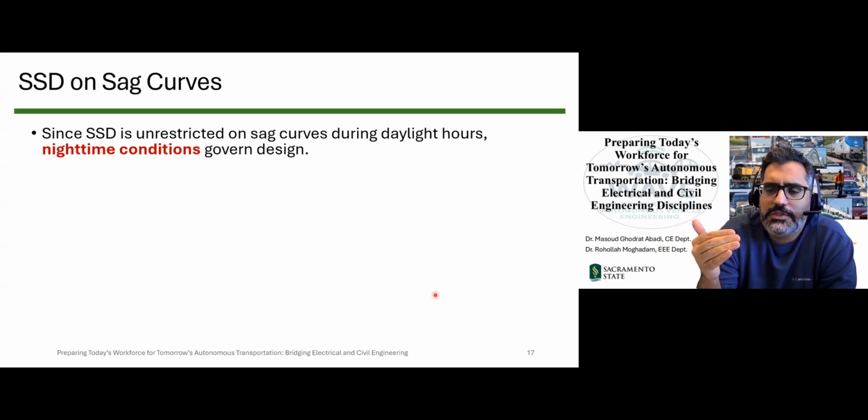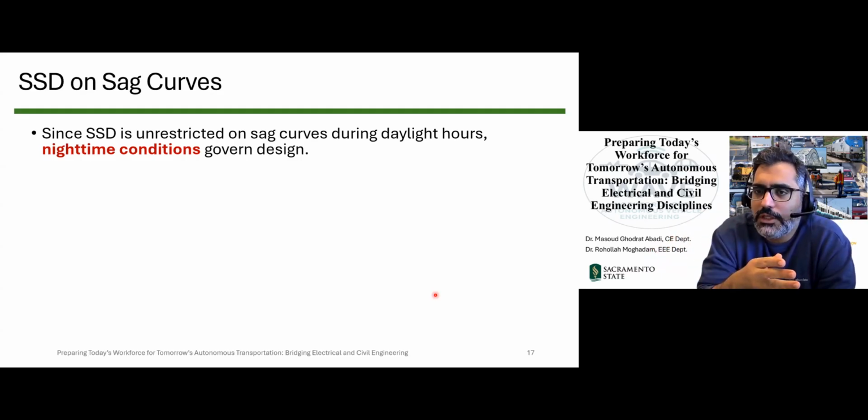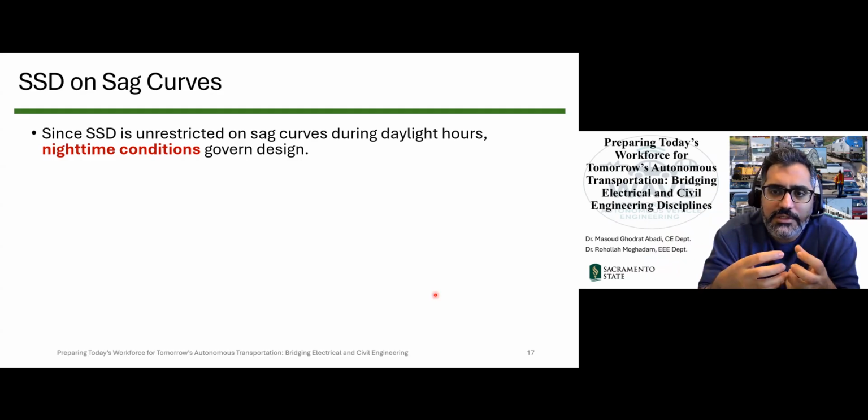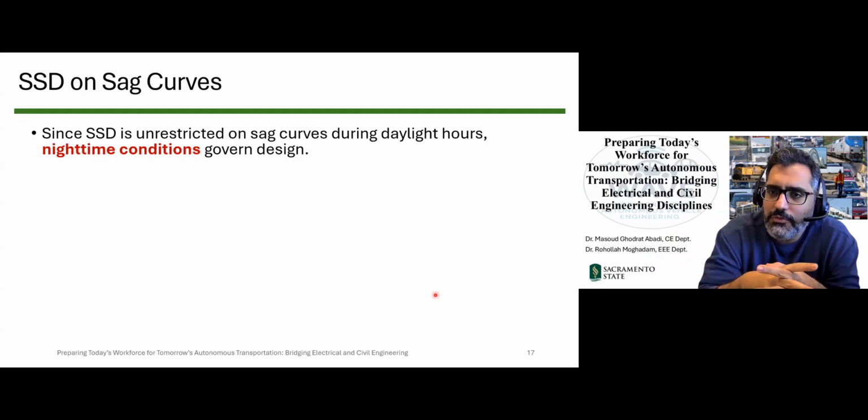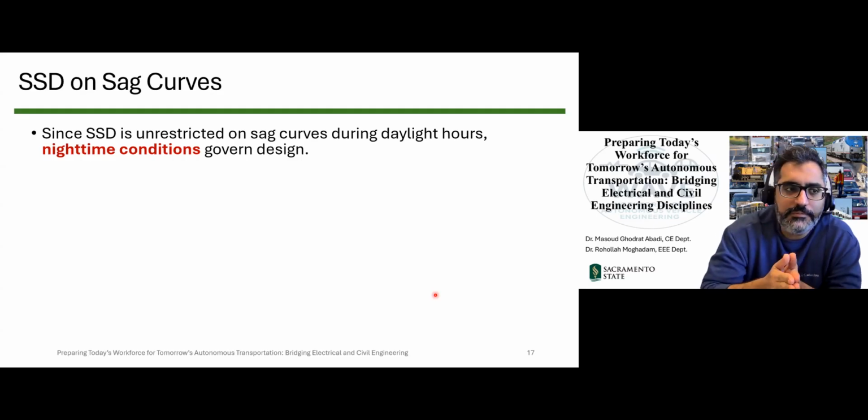What would be the height of sensors, lidars, whatever you're using to detect the objects? That would play a role in this design, right? So as I'm talking about these different design elements, and you see that this is all based on human drivers, I would like you to think about how a machine driver is going to change the story here.